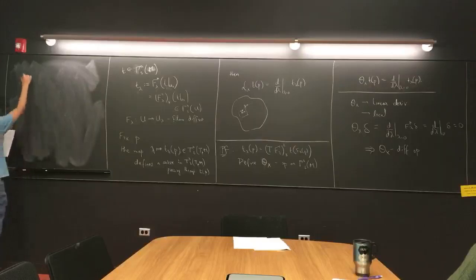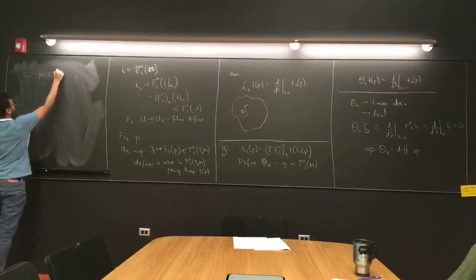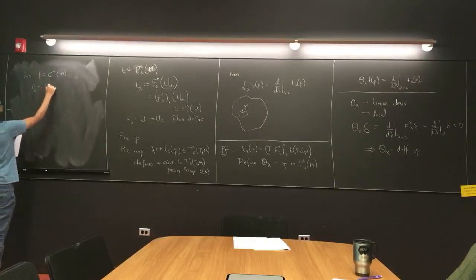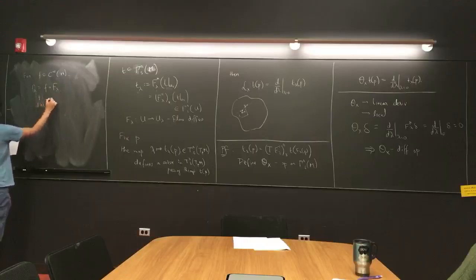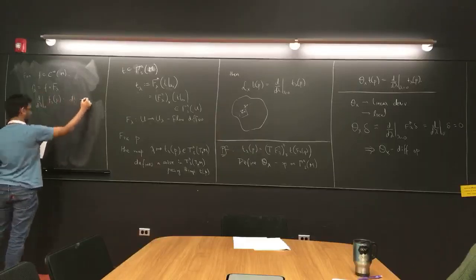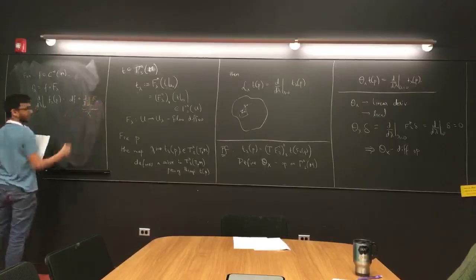So for f in C infinity of M, we have f lambda defined that way is nothing but f composed with the flow. d by d lambda at lambda equals 0 of f lambda of p is then going to be the differential of f composed with d by d lambda at lambda equals 0 of the flow, and this by definition is x.